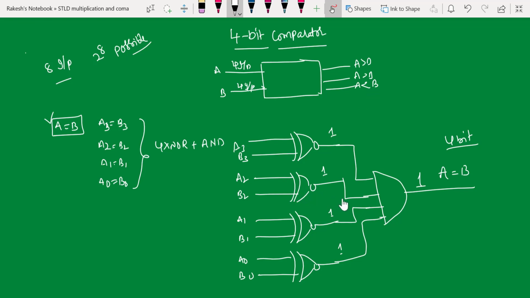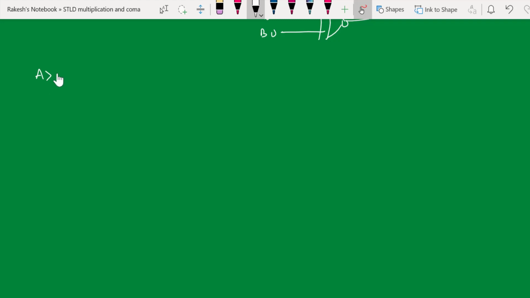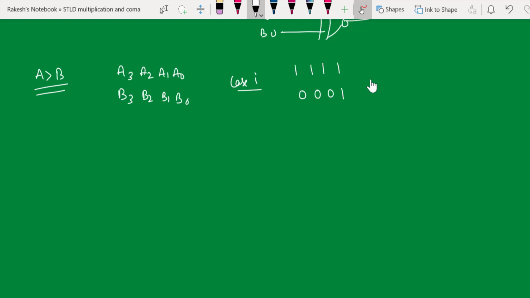Now I am going to show you the A greater than B circuit, how you are going to do that. In order to generate the circuit for A greater than B, first we will write it as A3, A2, A1, A0 and B3, B2, B1 and B0. Let's take case number 1 in which A3 is greater than B3.